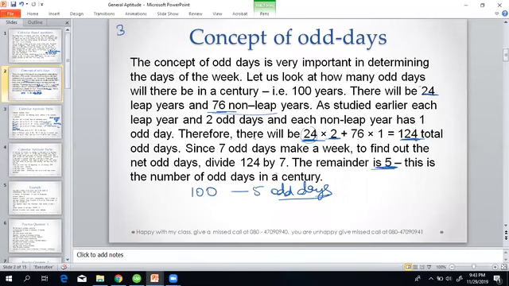Because 366 divided by 7 gives 52 weeks and 2 odd days. This is for the leap year. And 365 is for the normal year, which divided by 7 gives 52 weeks plus 1 odd day.